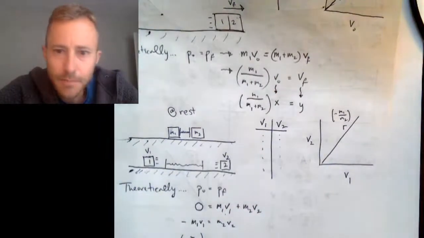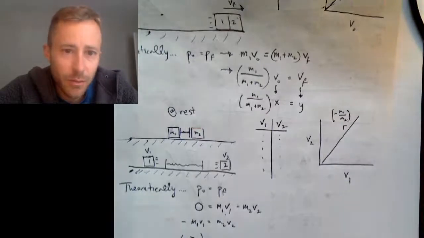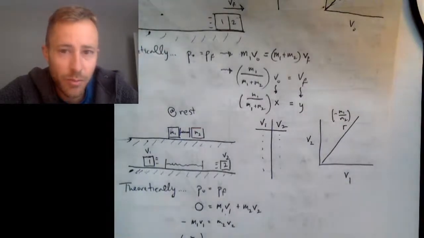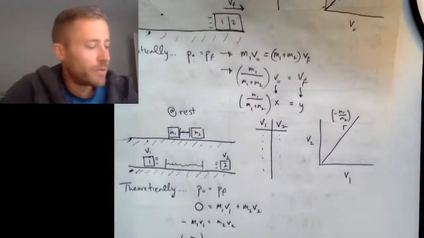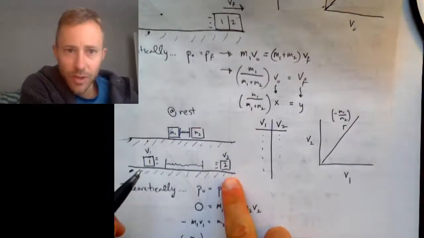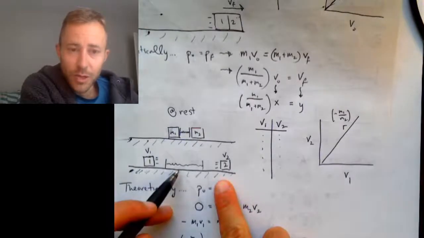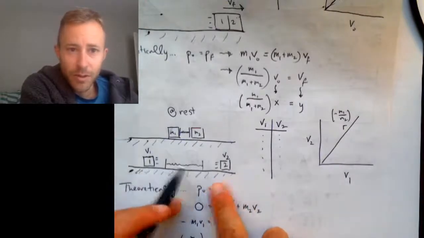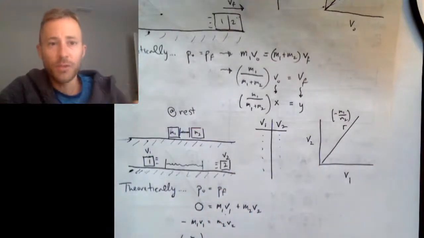All right. I think that this experiment would actually be pretty accurate. And the reason is that both of these velocities are measured at the same time. So they might both be slowed down by friction, but they are both slowed down by friction.